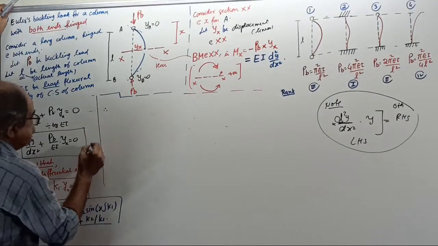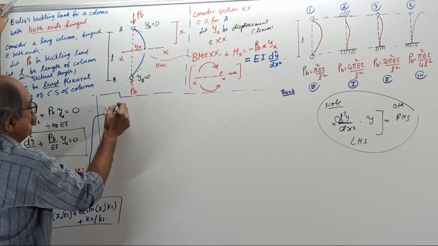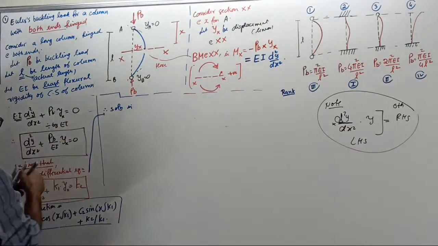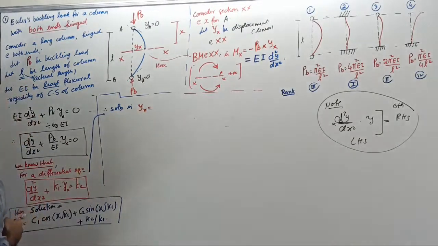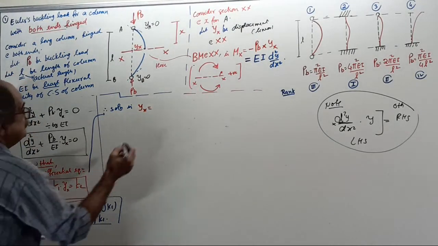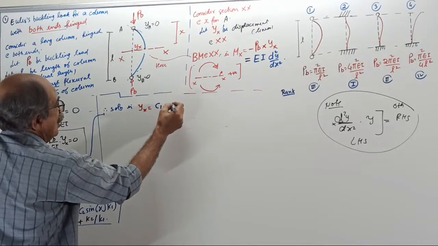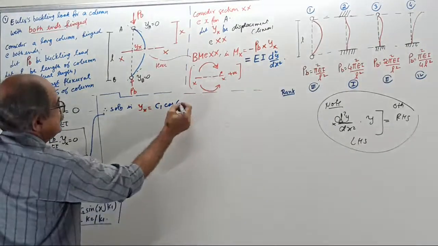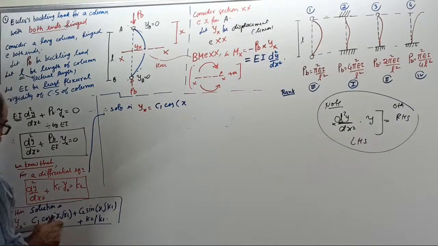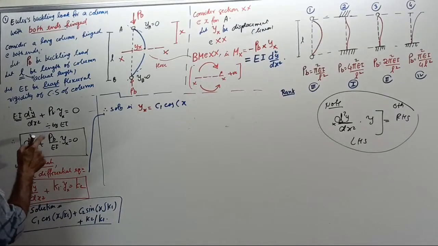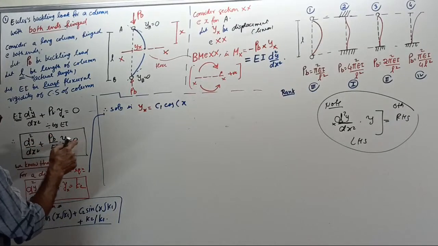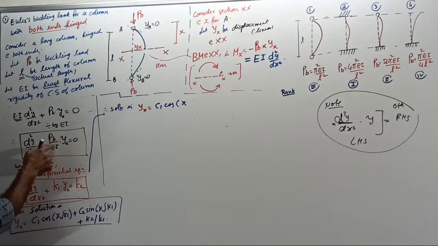For our problem, our solution is y(x) equal to c1 cos of x times root k1. See here, root k1. What is k1 here? D square y by dx square plus PB by EI into y(x) equal 0 means your k1 is PB by EI.